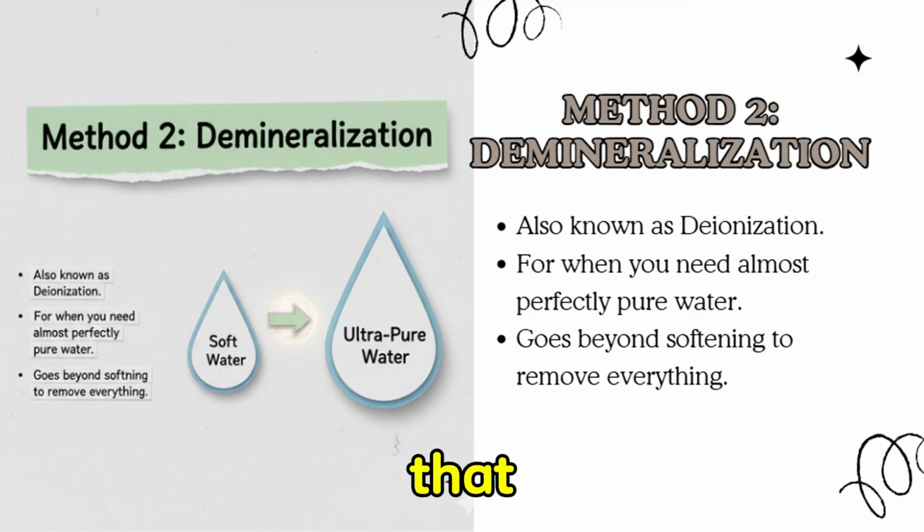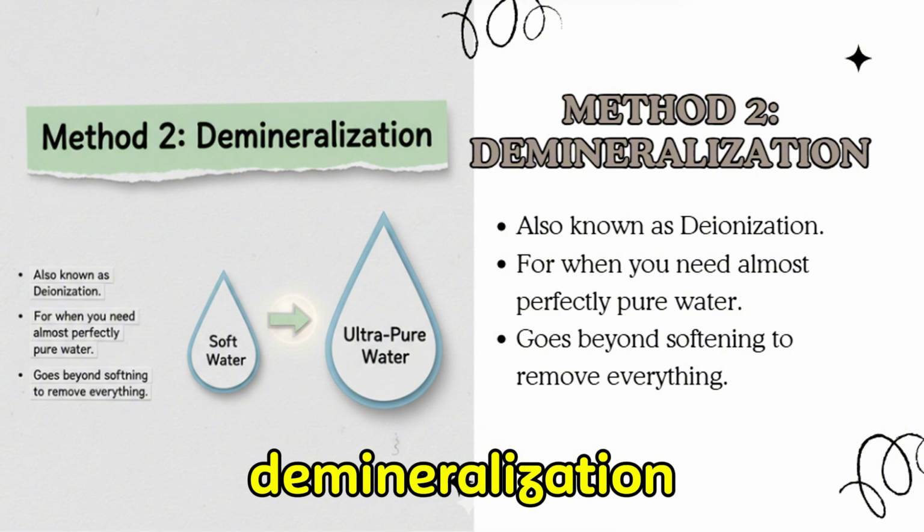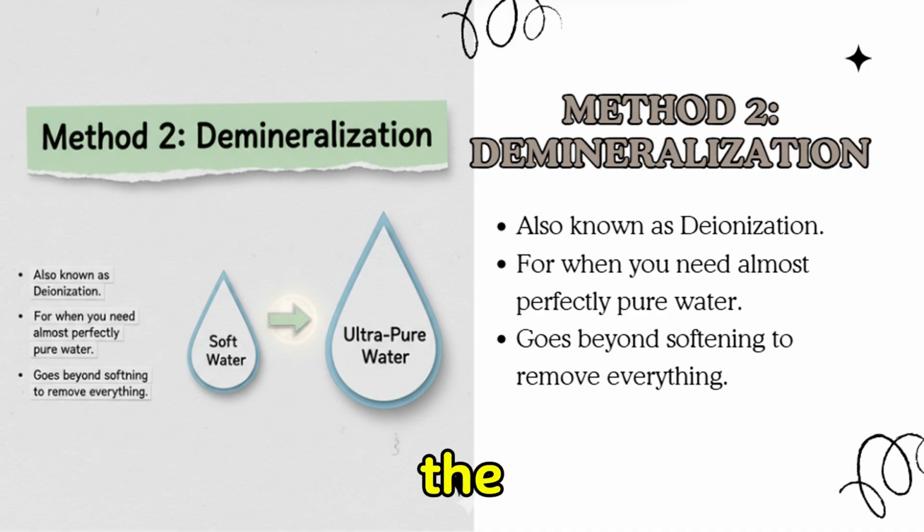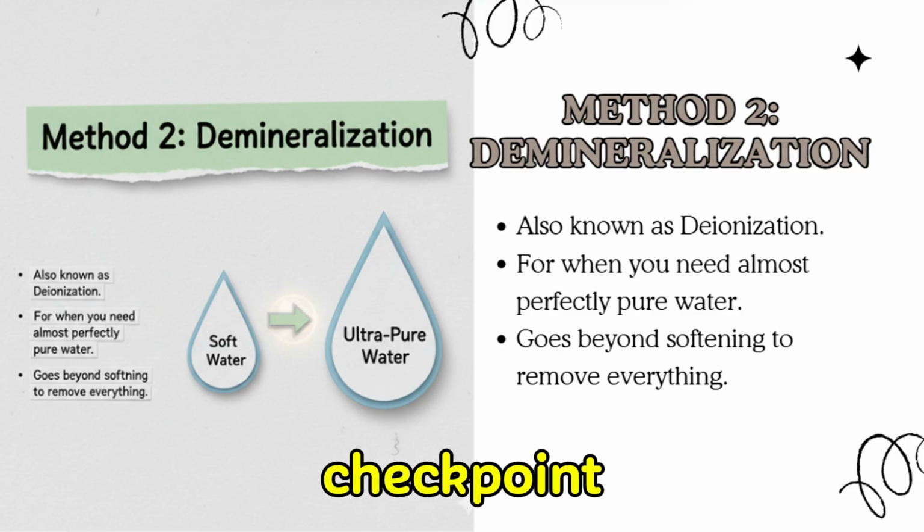What if you need water that is almost perfectly pure? For that, we need a more advanced process. This brings us to demineralization, also known as deionization. If the zeolite process was a club bouncer, demineralization is a two-step, high-security checkpoint.